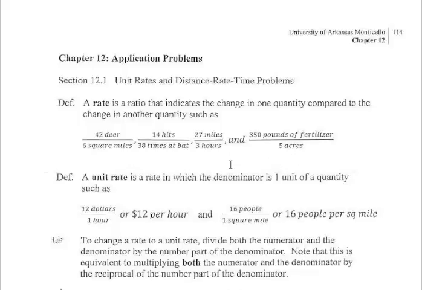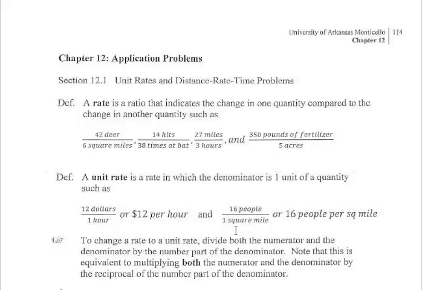Fertilizer per acre is another one. The only difference between these two, here we have a unit rate, is that the denominator has the number 1 associated with it. So here we see 1 hour, 1 square mile. For a rate of pay, say you get out of college, you get your degree, maybe you'll get $12 per hour. This is an example of a unit rate: $12 per 1 hour, and 1 is our unit number.